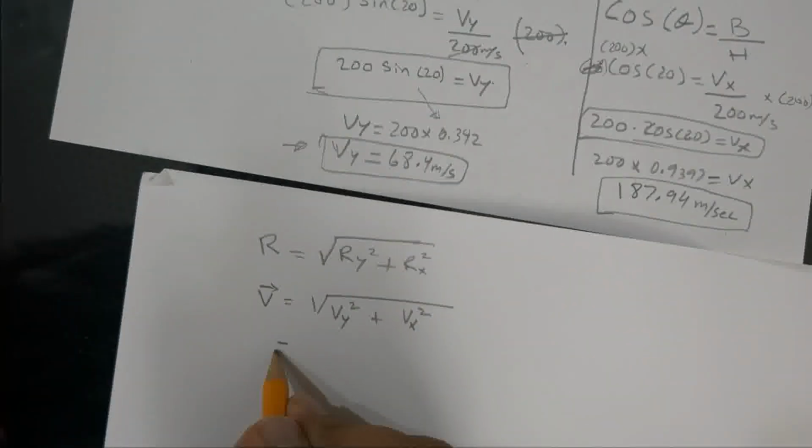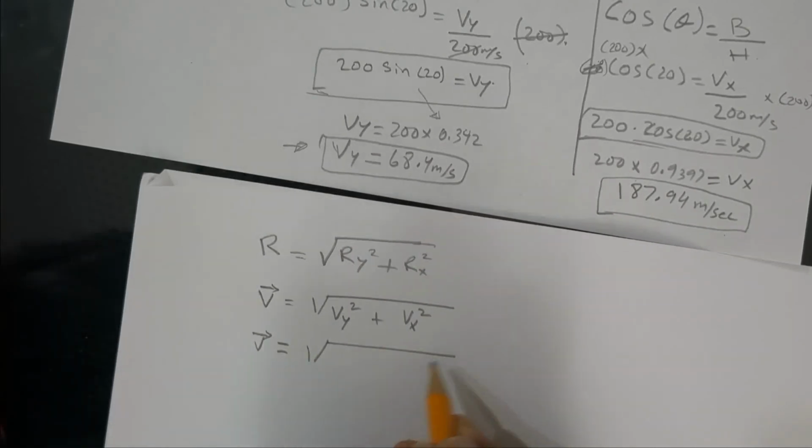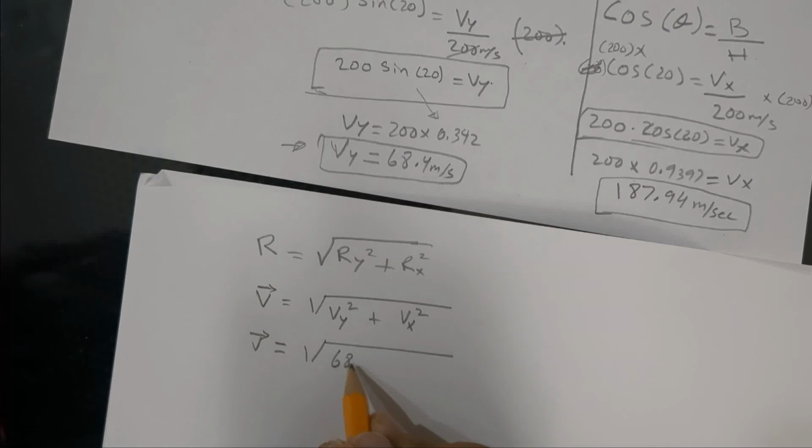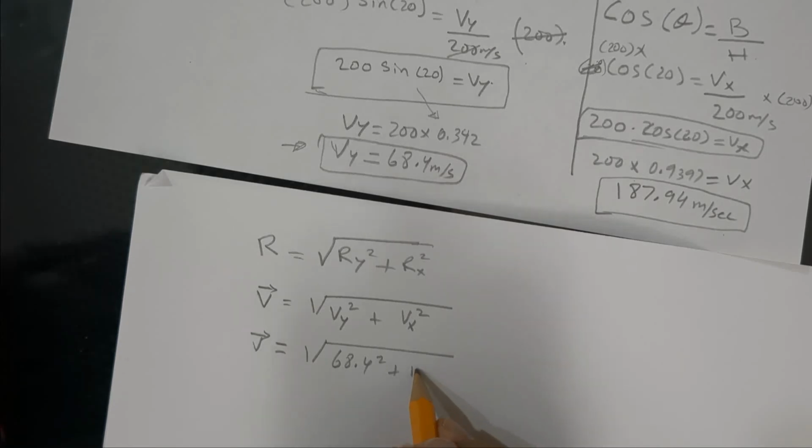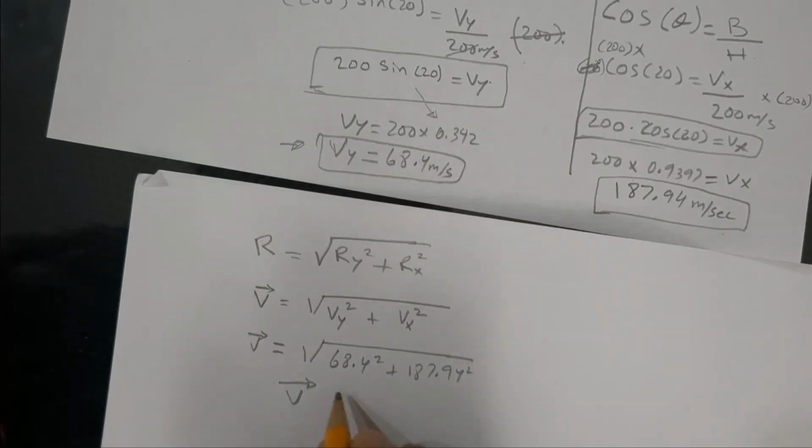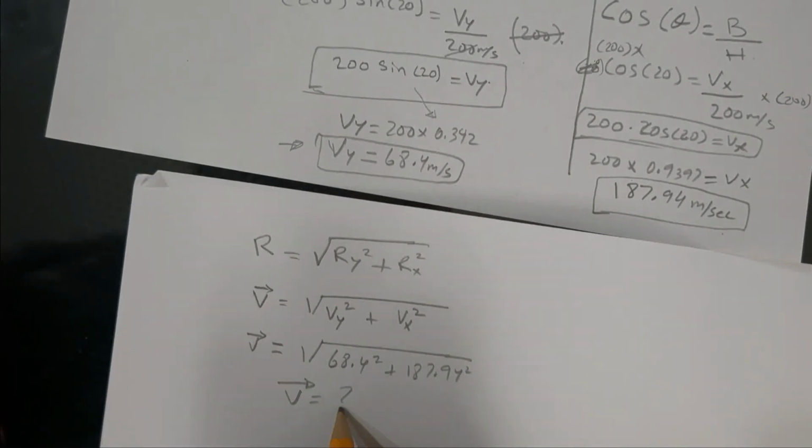So in this case, let's solve this further. You get the square root of 68.4 squared plus 187.94 squared. So here's the question for you, all of you. What did you get?